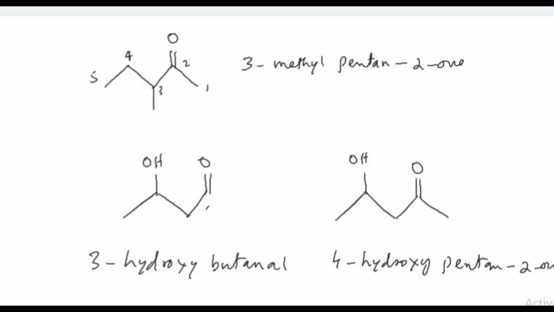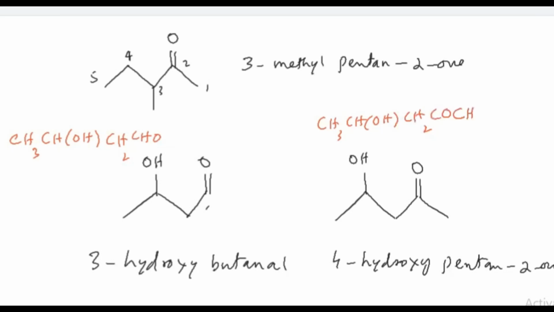As you can see, the structural formula: this is CH3, this is CH, and it contains OH as well. This is CH2, and this is CHO. Now, to convert it into the structural formula, this point is CH3, this is CH, then it's attached with OH, again CH2, this is CO, and this is CH3.